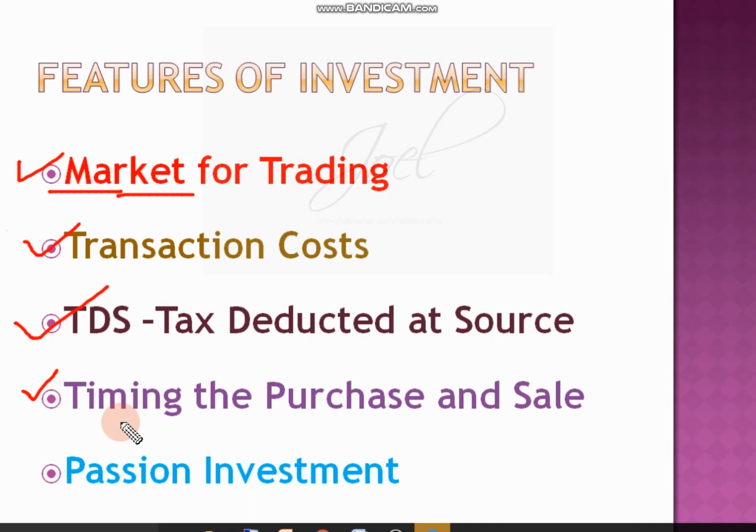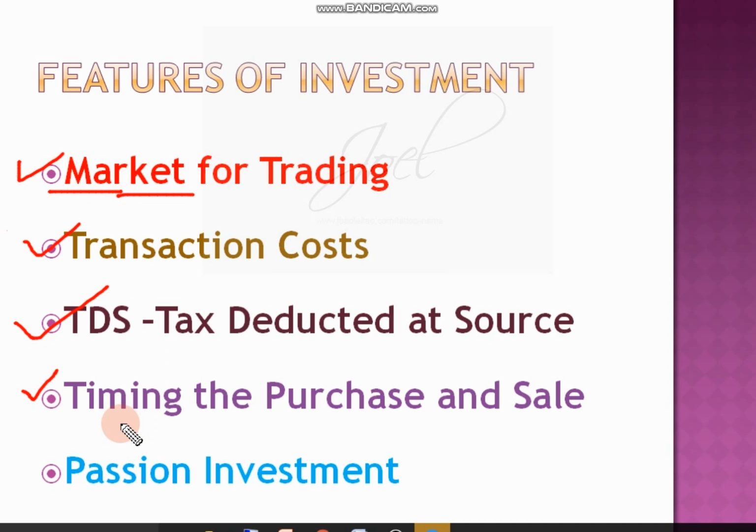Sometimes it is an urgency, a need, you can't do anything, but only for the purpose of making money you are buying and selling. You have to see the situation in the market, and based on that you have to sell. If all are selling their shares now and you are also selling, you may not get any profit. No one is ready to sell, you have the share, you wait for a long period of time so that demand increases.